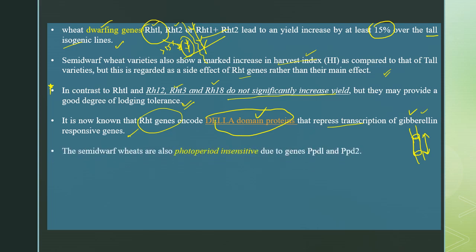We also see that the semi-dwarf wheat varieties are photoperiod insensitive, and this photoperiod insensitivity is due to the presence of genes, that is PPD1 and PPD2.